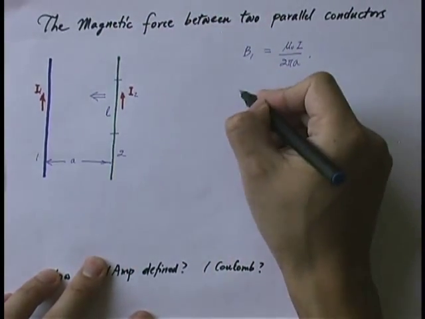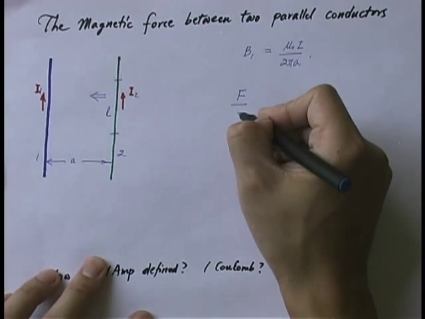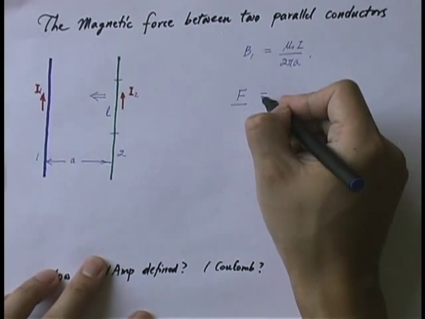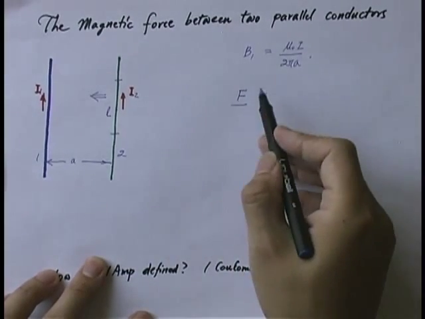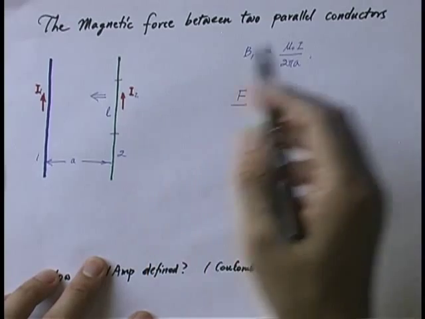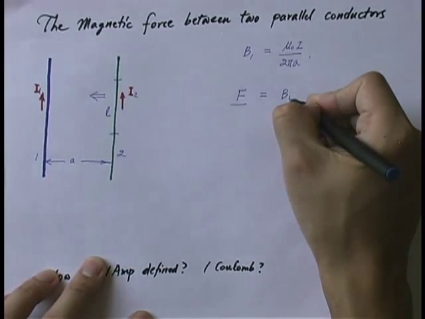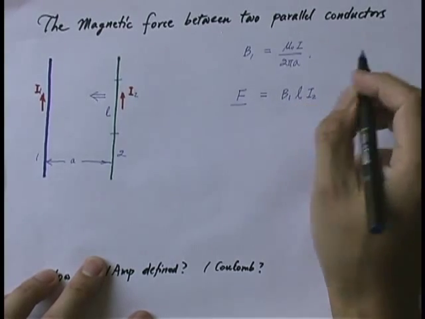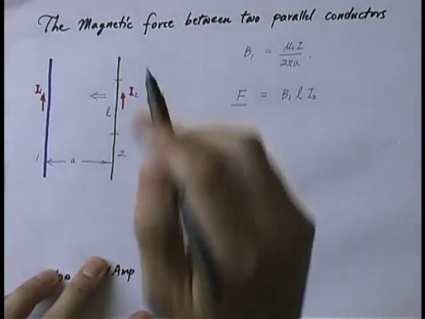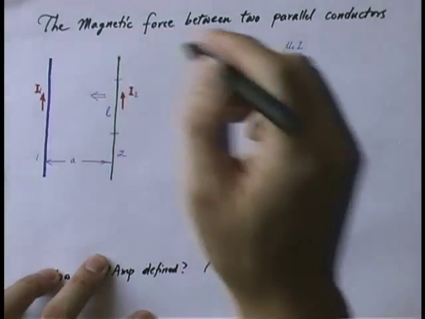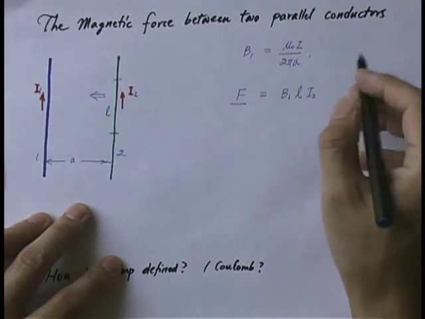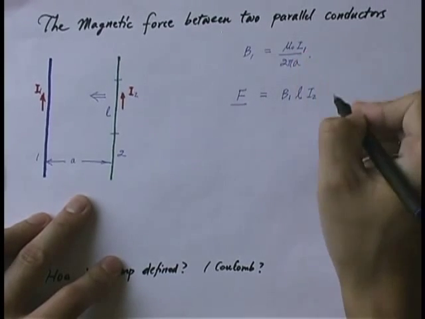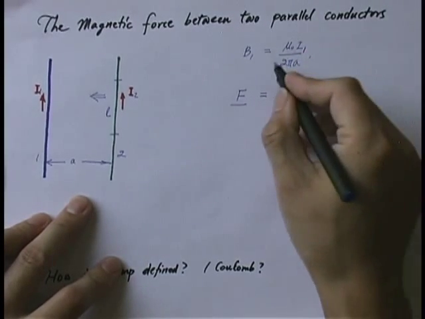So the force over this segment length L equals what? B1 times L times I2. That's it. The angle between vector L and vector B1 is 90 degrees. Okay, B1 L I2. This is I1. Let us plug that in.